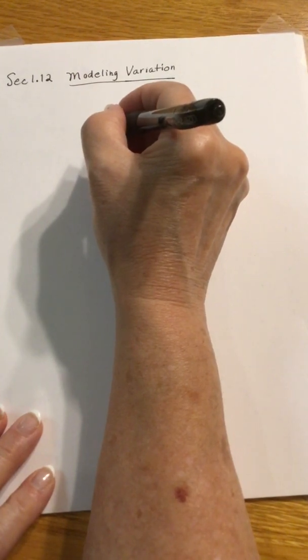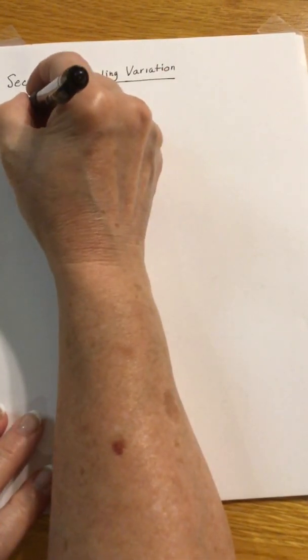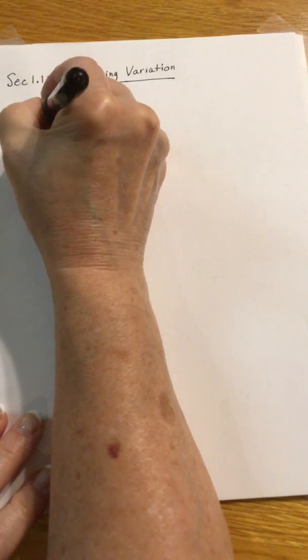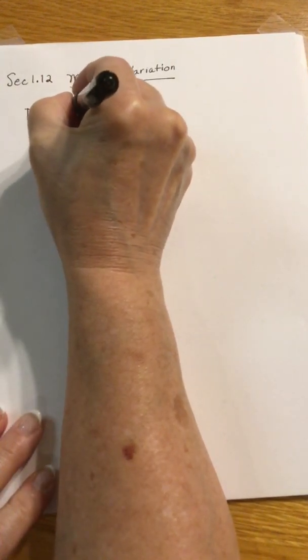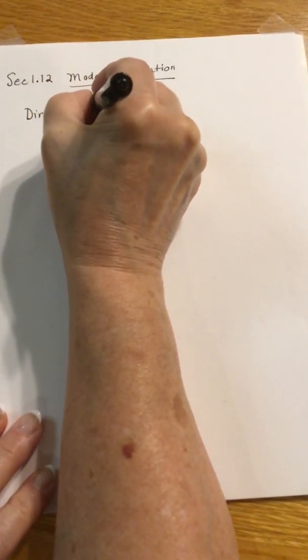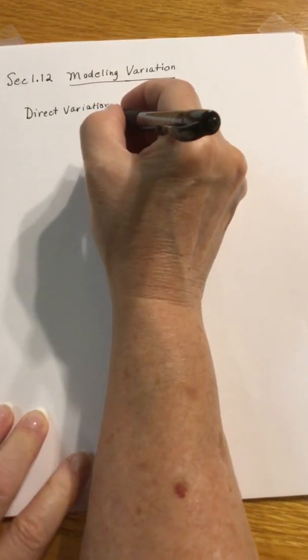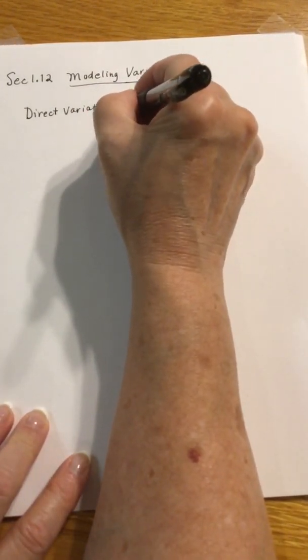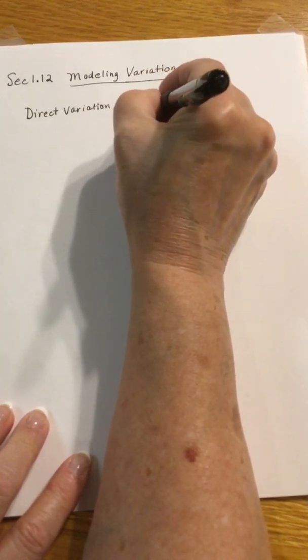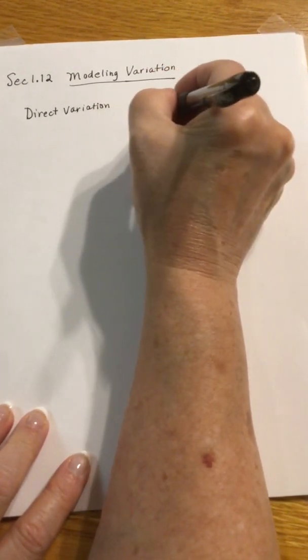Okay, we're going to look at direct variation first. Direct variation is y equals kx. You're going straight across.